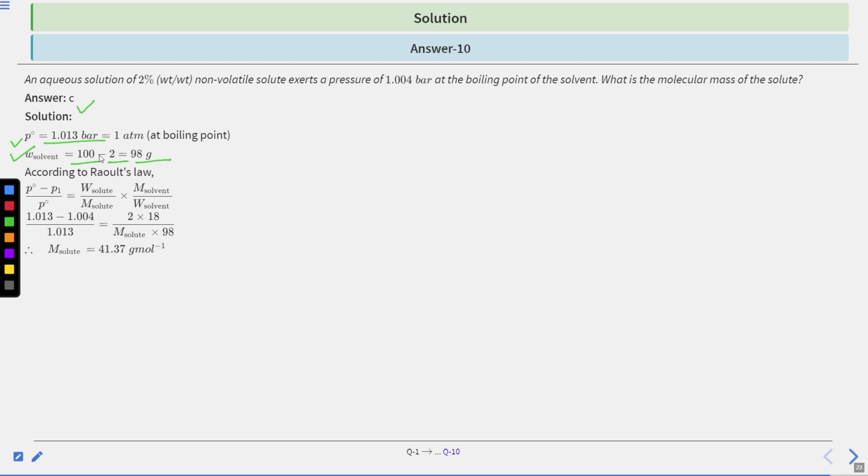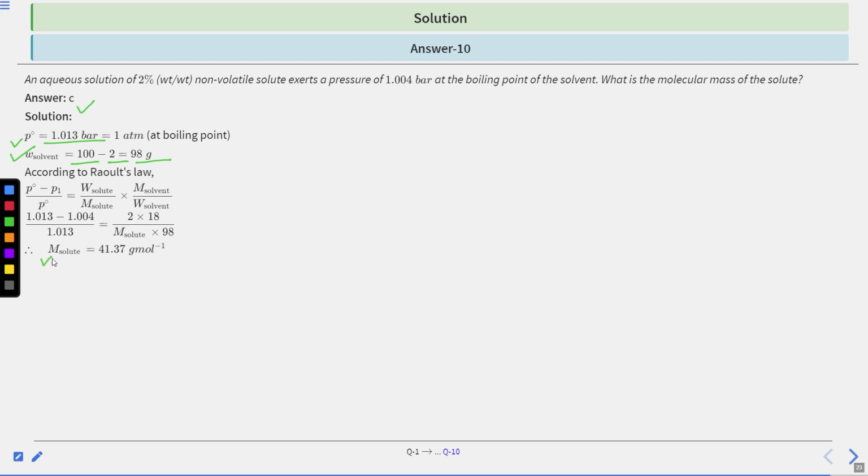So according to Raoult's law, P0 minus P1 upon P0, that is the relative lowering of vapor pressure, equals the weight of solute upon molar mass of solute into molar mass of solvent upon weight of solvent. So fraction of the moles, right? So it is 1.013 minus 1.004 upon 1.013, equals 2 into 18 upon M of solute into 98.